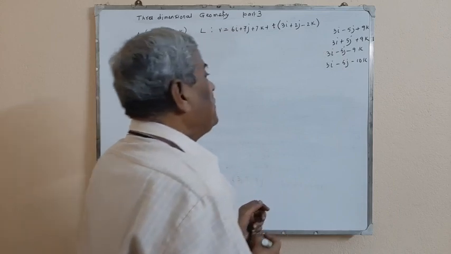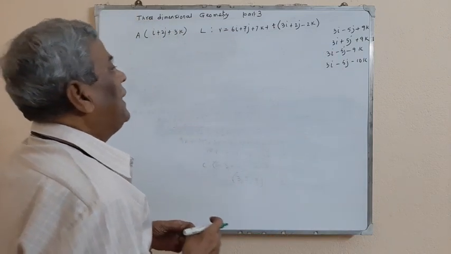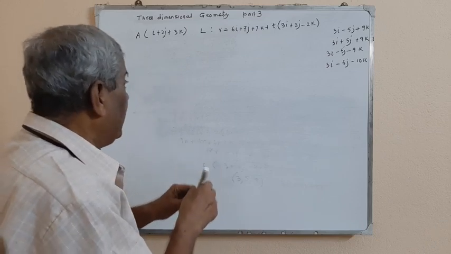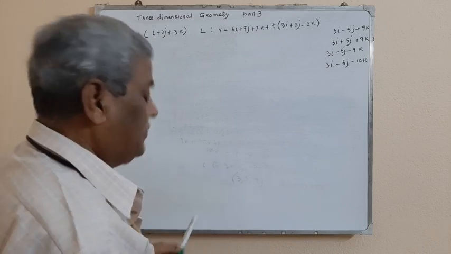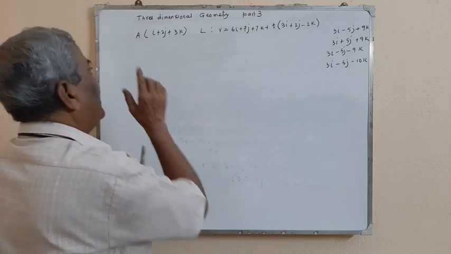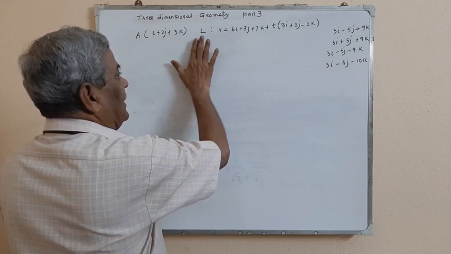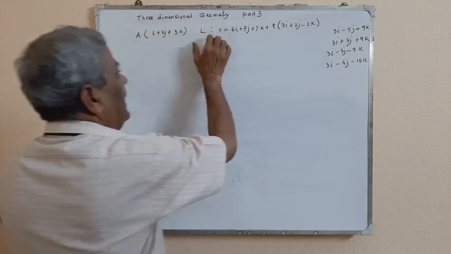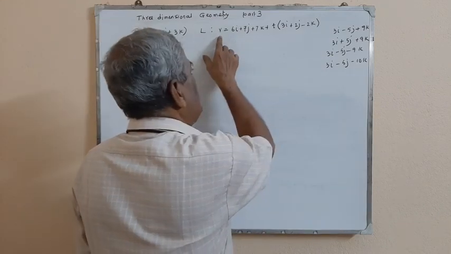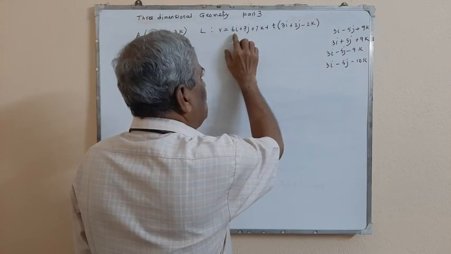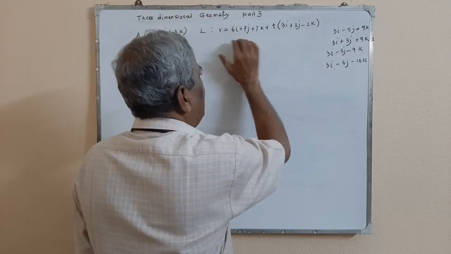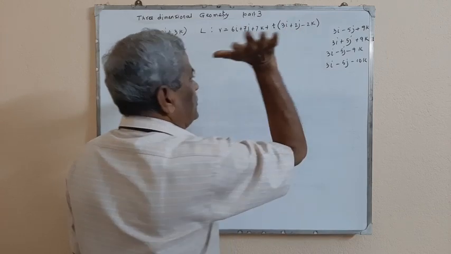Here the problem is almost like before, the only difference being that the point as well as the line are given in vector terms. First of all, let us try to write it in Cartesian coordinate form. This is a straight line. It passes through (6, 7, 7) and its direction ratio is (3, 2, minus 2).